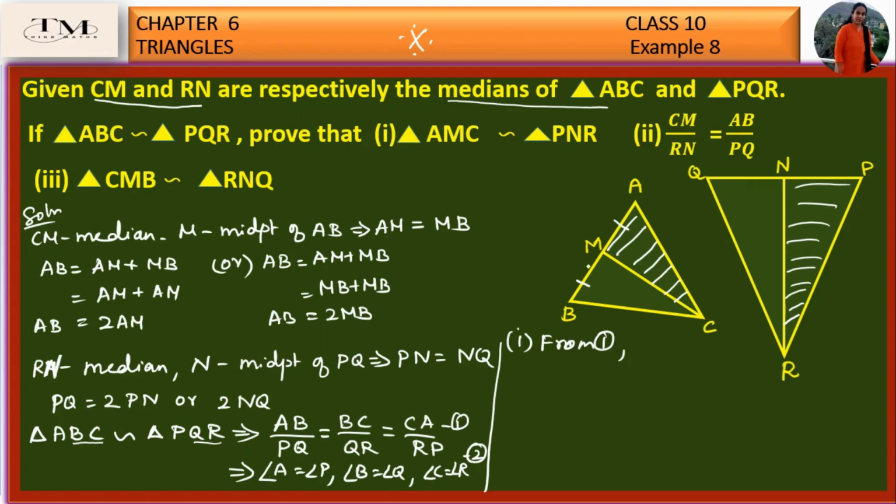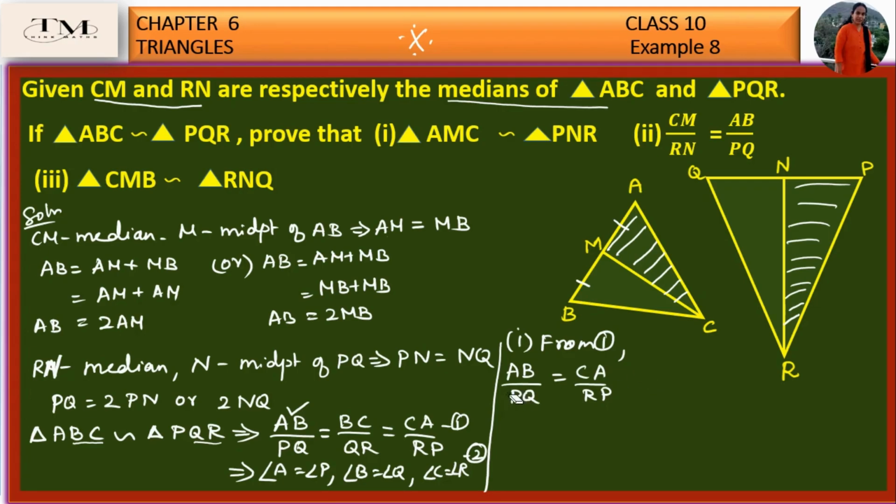AB by PQ: we need AM, and AM is present in AB, so I am going to choose AB by PQ. BC by QR is not in this triangle. CA by RP is present. So I am going to choose AB by PQ and CA by RP. This is from 1, which I have written here.